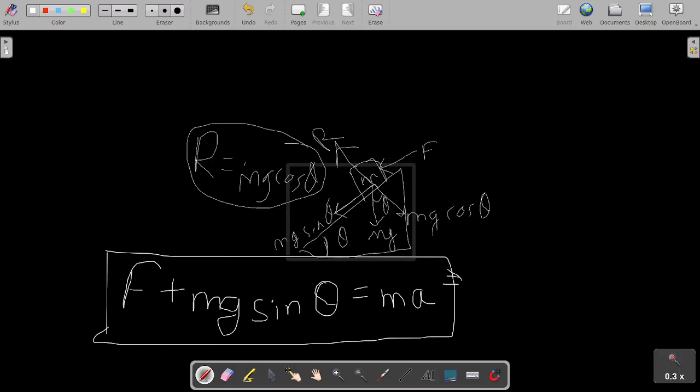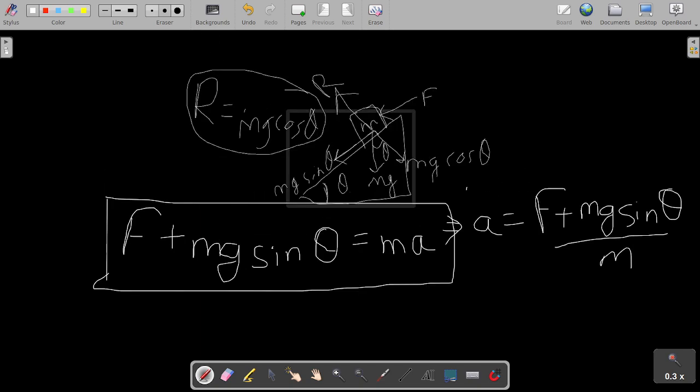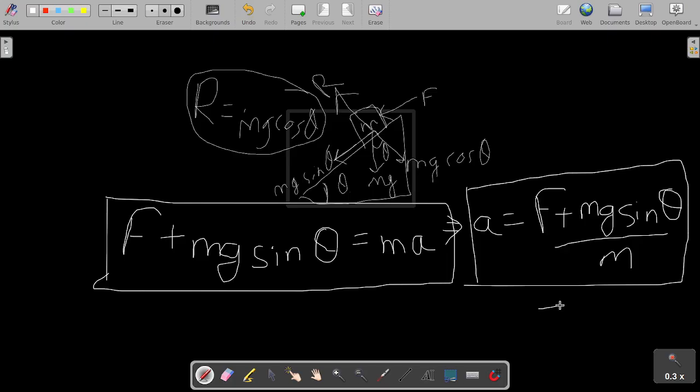Then our acceleration is equal to F plus mg sin theta, by m. That's obvious, right? So this is our first equation for finding out acceleration.